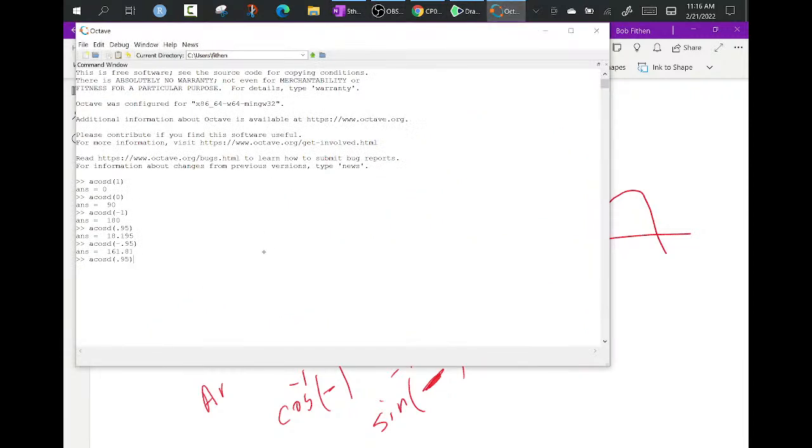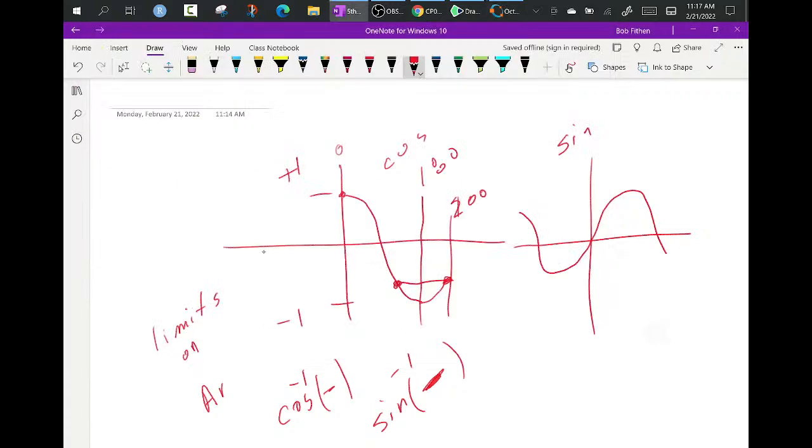If you do sine, hang on. I get 90, and not too surprisingly it gives you minus 90. So it only gives you answers in this region, whereas cosine gives you answers in this region.